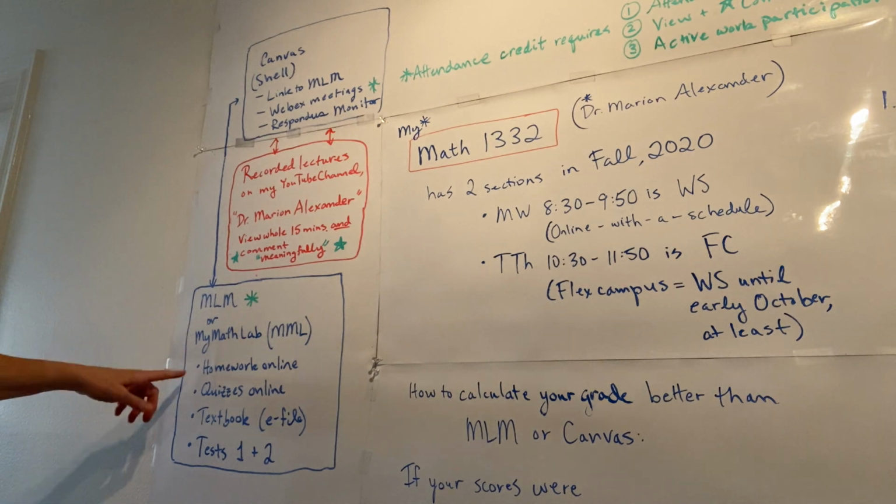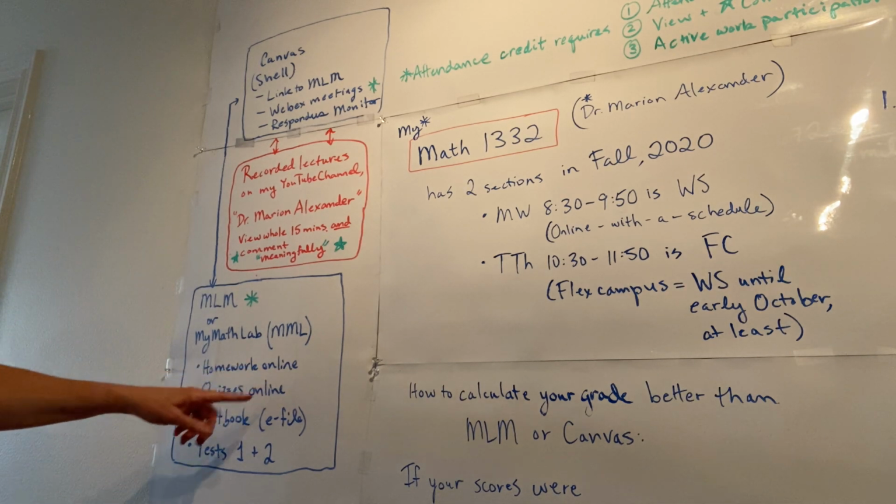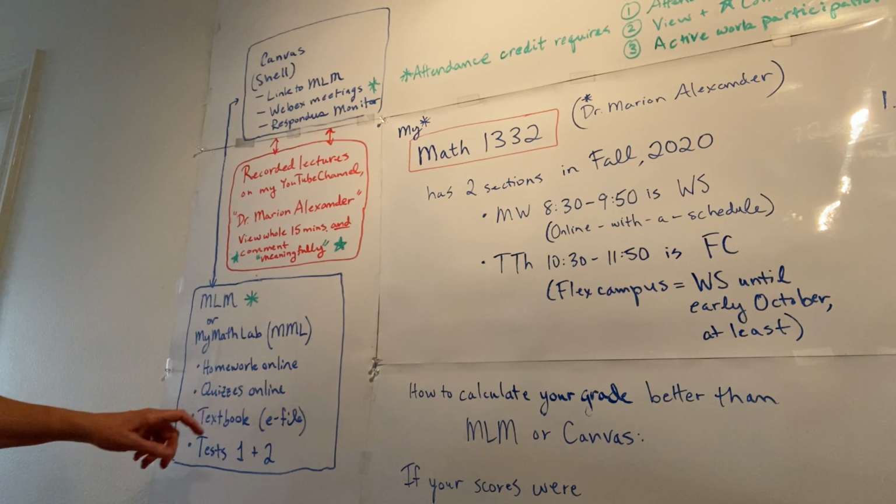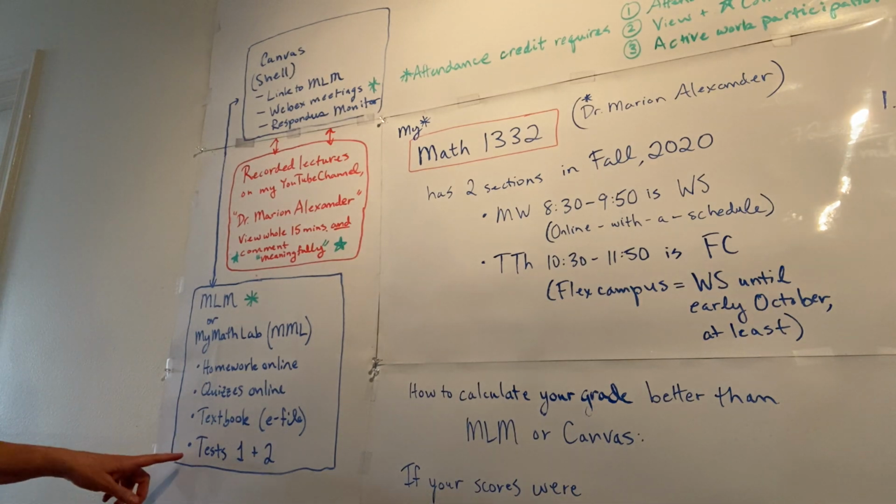Now, what happens in there? There you have graded homework you do online. There will be weekly quizzes online, and the textbook is available as an e-file there. And also there will be 2 tests, test 1 and test 2.